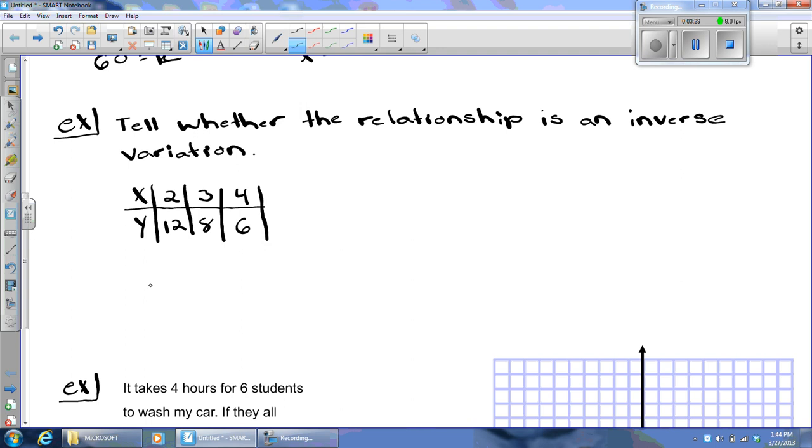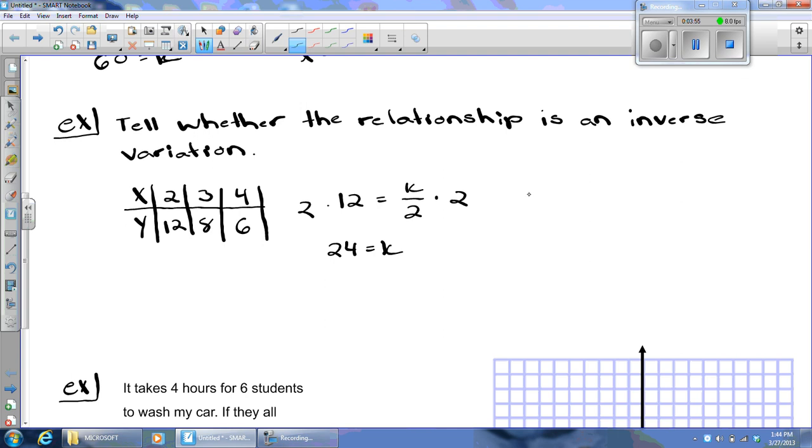If they're not the same, then there's no relationship and it's not an inverse variation. So when we plug these in, 12 equals k over 2, multiply by 2 on both sides. So we get 24 is our constant.